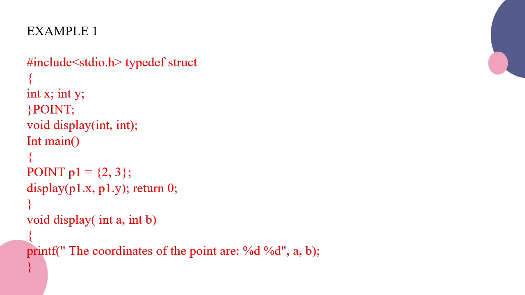The function call takes the data members inside the structure p1, that is p1.x and p1.y, and displays the values as a and b in the display function. The printf inside the display function displays the two values a comma b, that are assigned as p1.x and p1.y.